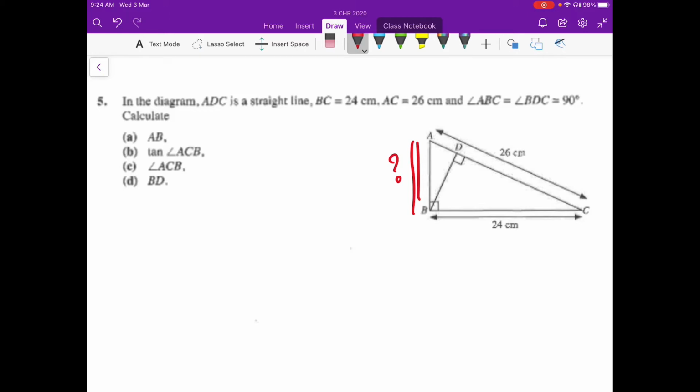You don't start Pythagoras theorem with square root. Say again, Kaiser. AB square.